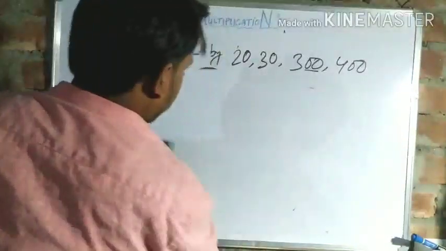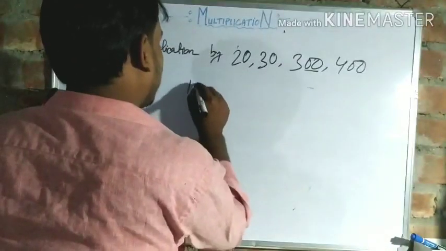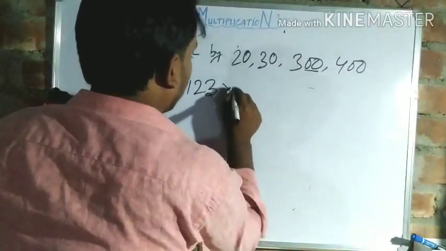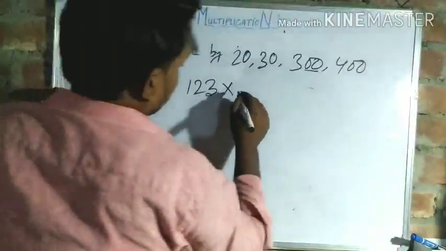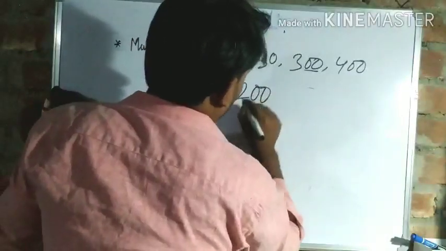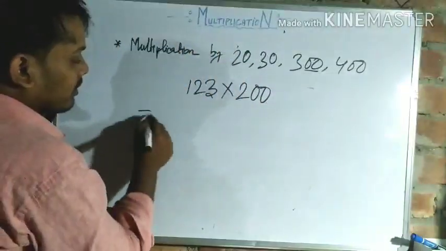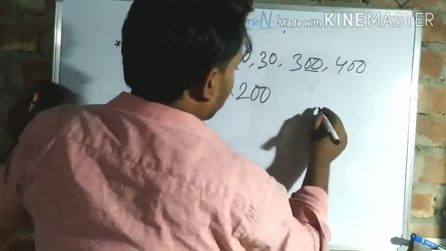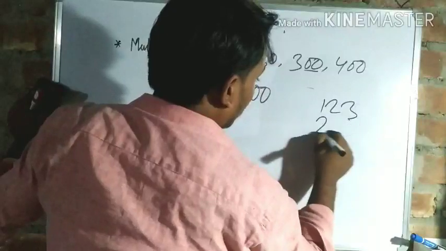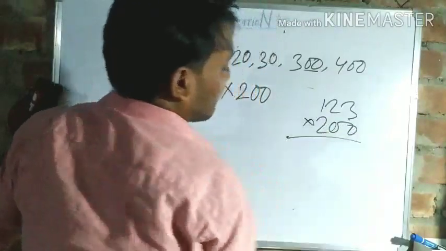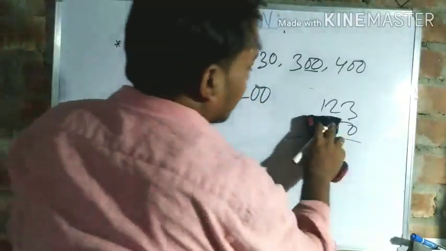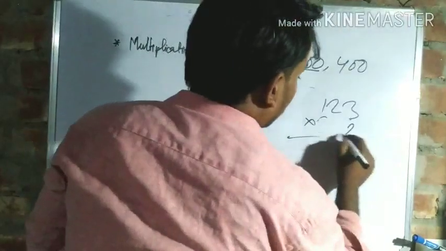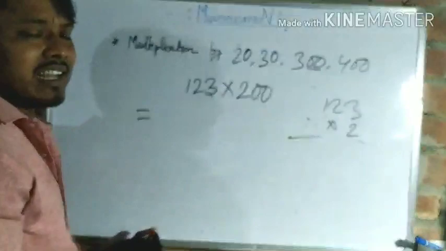Or another example, 123 into 2000 or 200. No need to multiply the total in this way, 123 into 200. You multiply only 123 into 2 and put the zeros at the last.